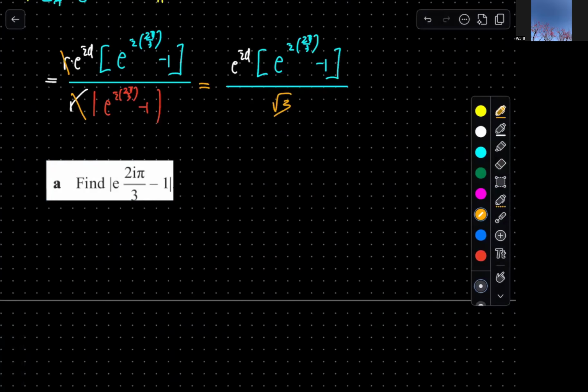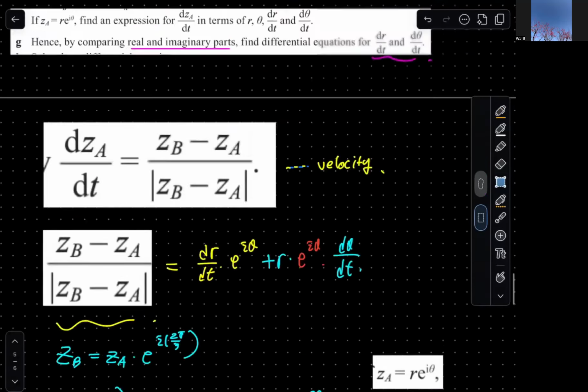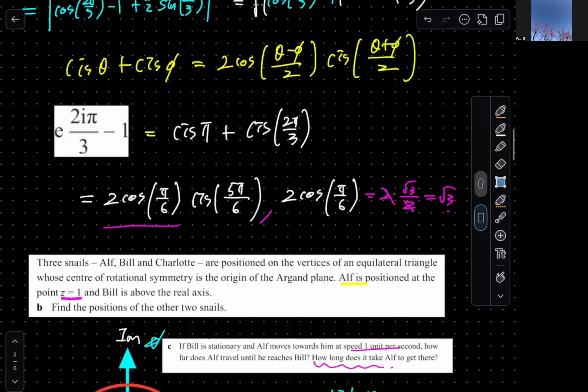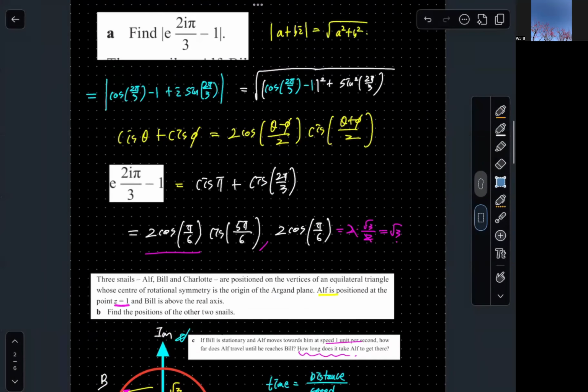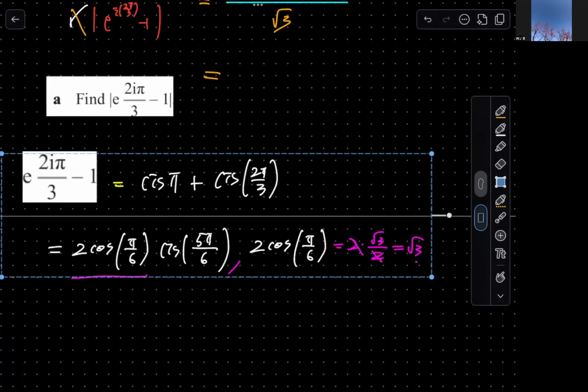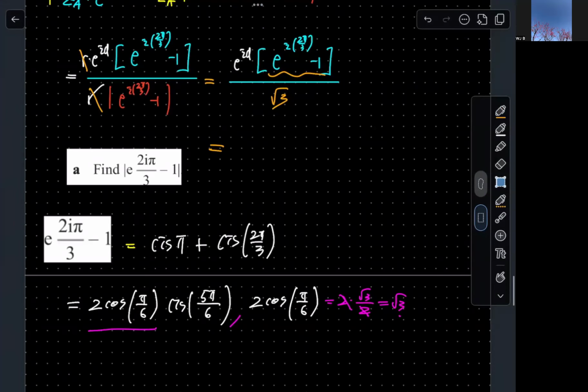For that part, we also use the sum of complex numbers. If I scroll up to get that expression, it was this. So e to the power of 2 pi i over 3 minus 1 will be, for the first one, e to the power of i theta times this complex number, which is root 3 cis 5 pi over 6.